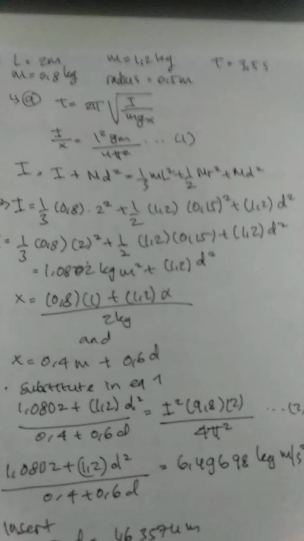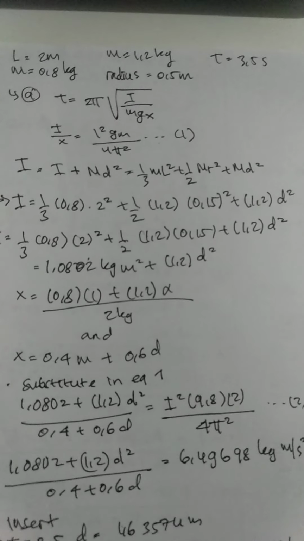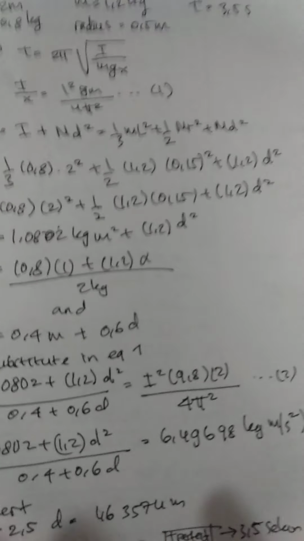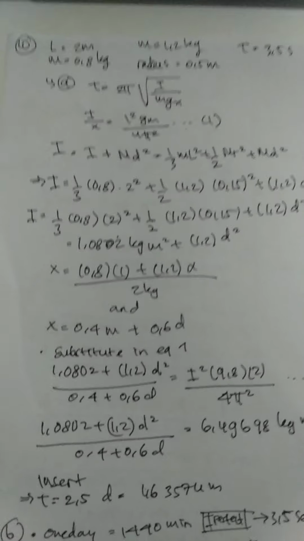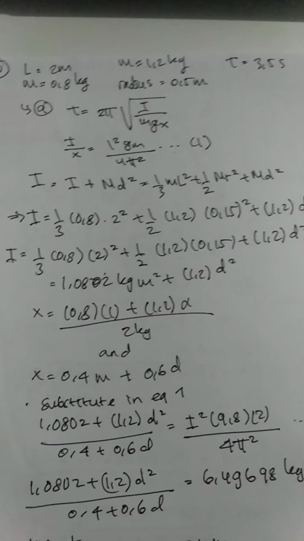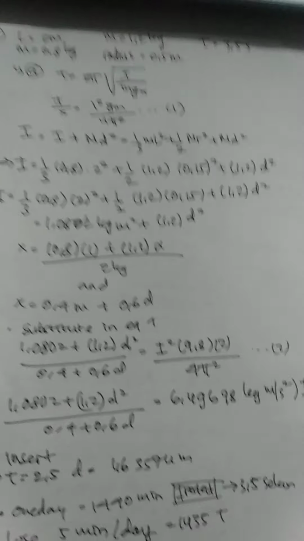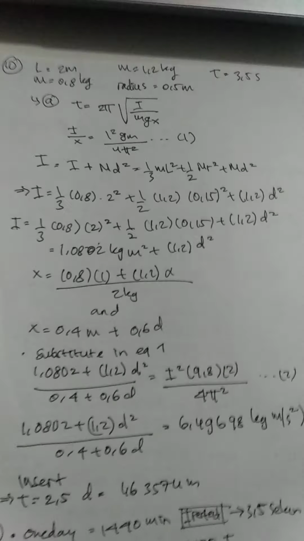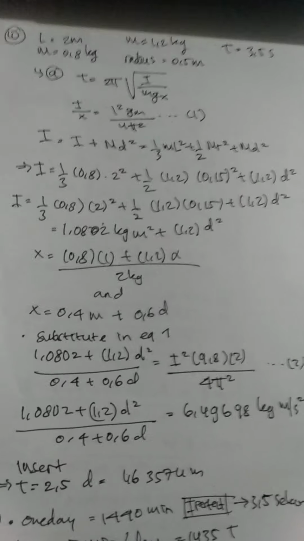So we just get to the point. Identify L equals 2 meter, m equals 0.8 kilogram, M equals 1.2 kilogram, radius is 0.5 meter, and the period is 3.5 seconds.